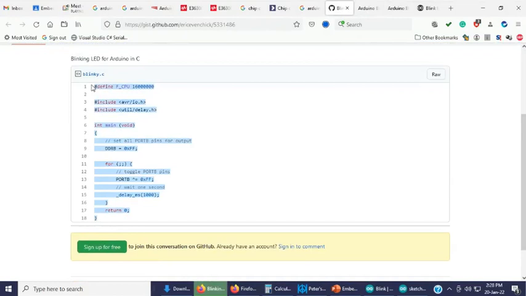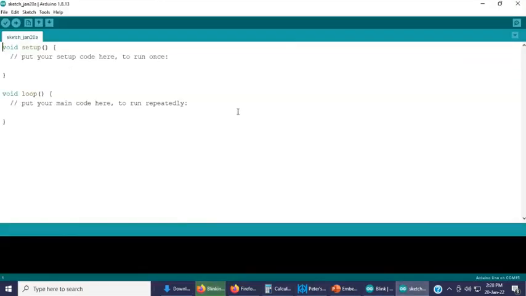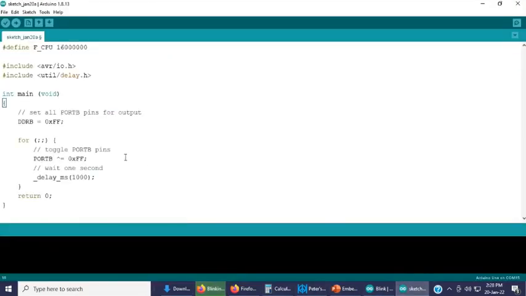AVR means ATmega. So, control A, control V. What we are doing here is defining the clock speed 16 megahertz, calling a library, another library for delay, and then this is what embedded C is used to do the same task of blinking an LED. If you have an Arduino board, you can try it. Otherwise, you can try it even with Tinkercad.